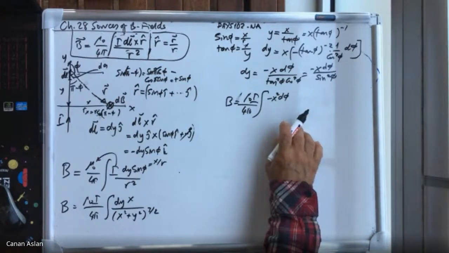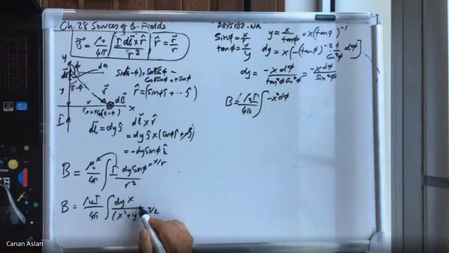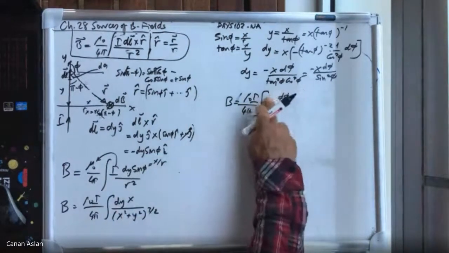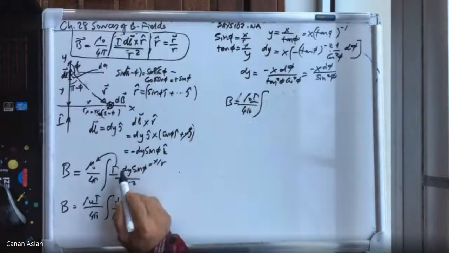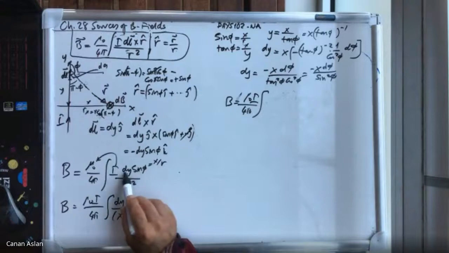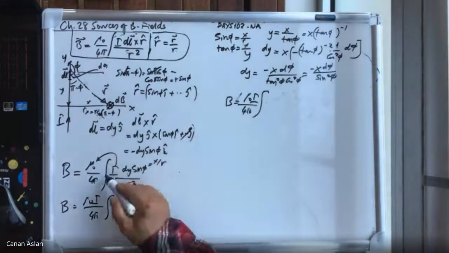We are not using this, but this sine phi, right? Dy sine phi, sorry. We are using this expression, okay? Dy times sine phi. I is taken outside.